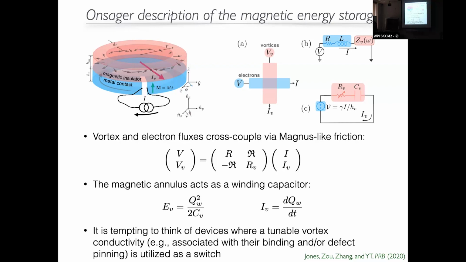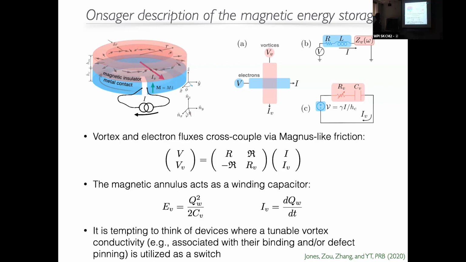You start with a two-dimensional film and drill a hole in the middle. Basically, it has the topology of an annulus, with some boundary defined on the outside. Then we have the interaction between electrical current circulating azimuthally and the vortex motion radially. So we're realizing this Magnus cross-coupling between electrical current and vortex current.